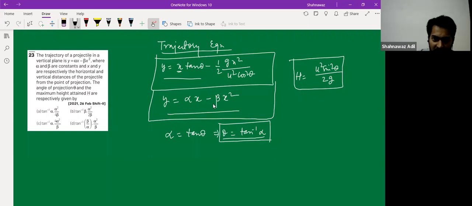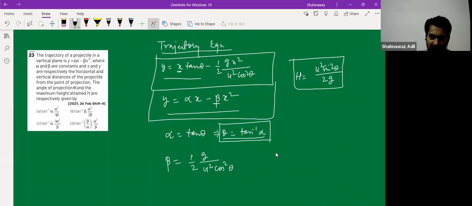Okay, so we have to change all these in the function of alpha and beta. So what is the value of beta? Can you guys tell me? Abhinav, what is the value of beta? Compare these two. 1/2 g by u square cos square theta, right? So this is beta, right?